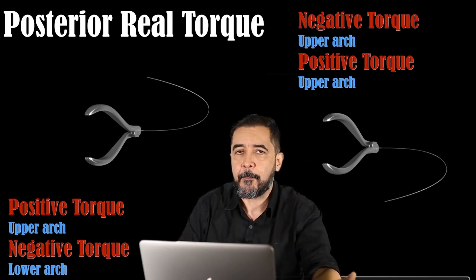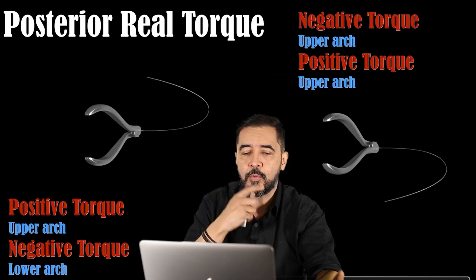So it is a positive real crown torque, okay? As I told you before, it doesn't mean at all that this is the case for all teeth, because the inclination of those teeth may change this torque, this relative torque, which we didn't study yet. So we are going to see about this in the next classes.